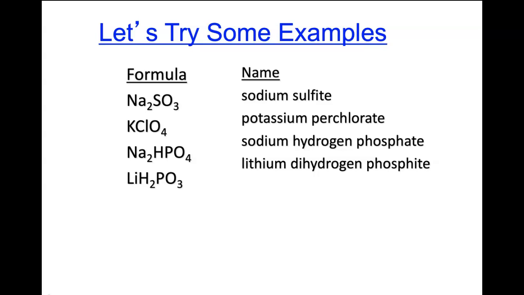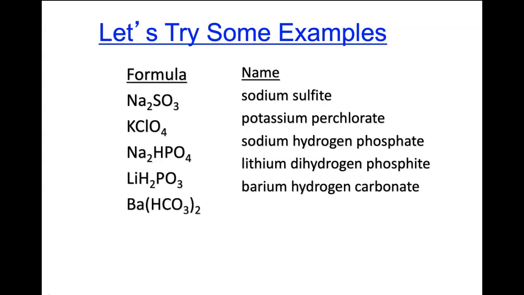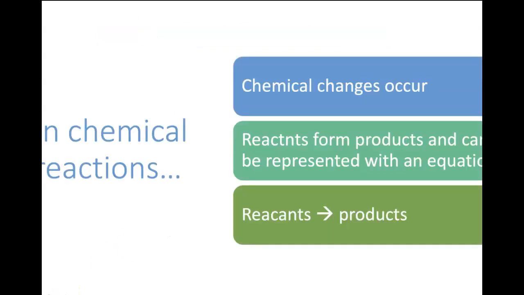So dihydrogen phosphate obviously has a -1 charge. Hydrogen carbonate, obviously a -1 charge, and that's why it's Ba(HCO3)2, because Ba has a 2+ charge. And you can see my things are a little bit off. There's calcium bromate.